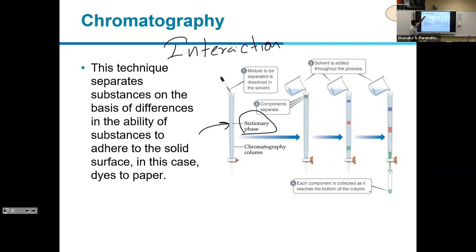If we send a mixture of chemicals from the top, since those chemicals interact differently, some chemicals travel faster and some chemicals travel slowly through that stationary phase. The larger the interaction, the more that chemical is retained on the stationary phase, so it travels slowly. If the interaction between the stationary phase and the chemical is weak, it travels fast.